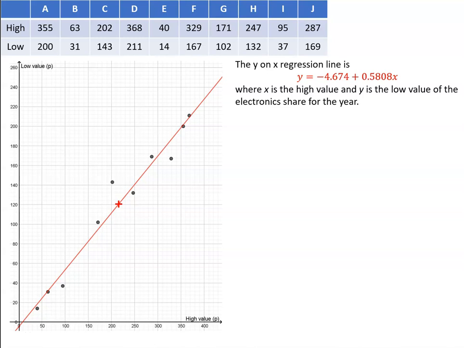So we've now added the best fit line, or the y on x regression line, onto our scatter diagram. And we should note that the regression line passes through the point of means. And that will always happen when we plot a regression line onto a scatter diagram.